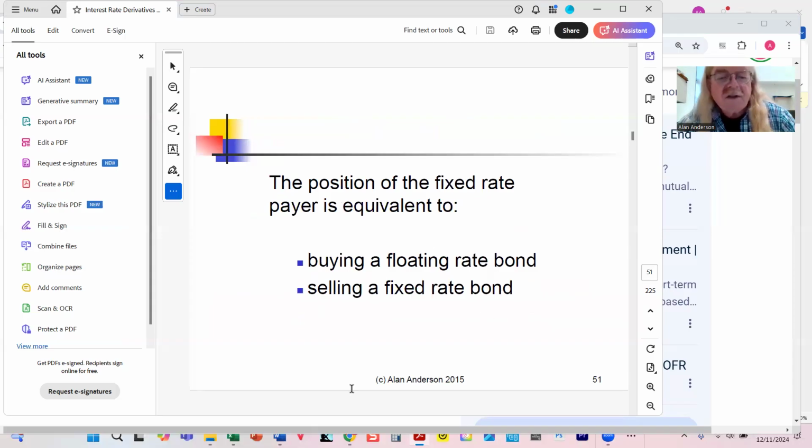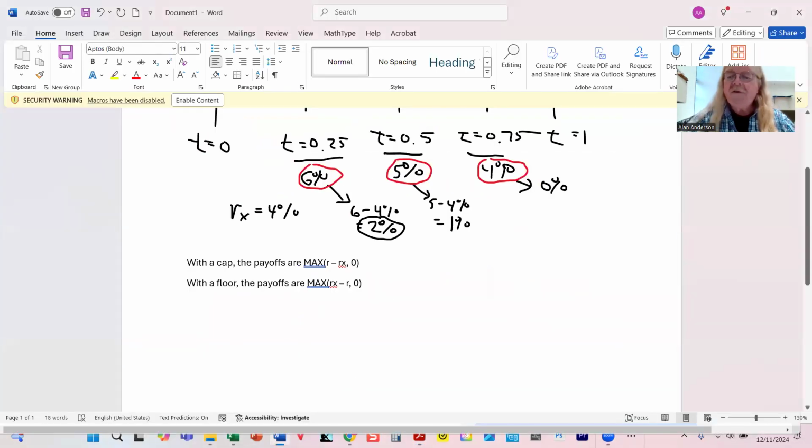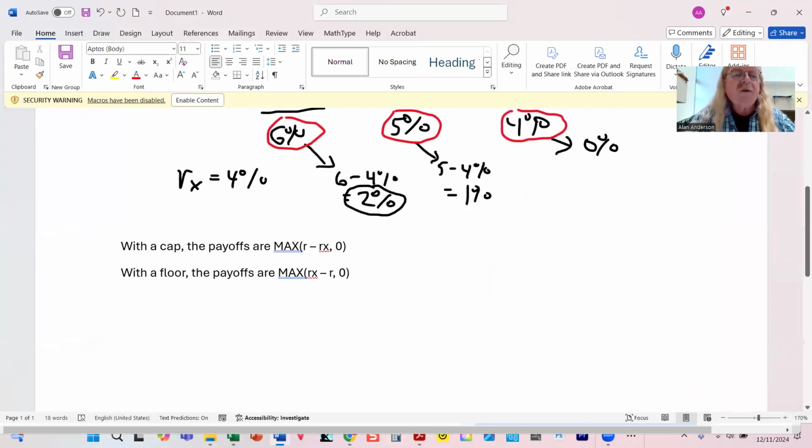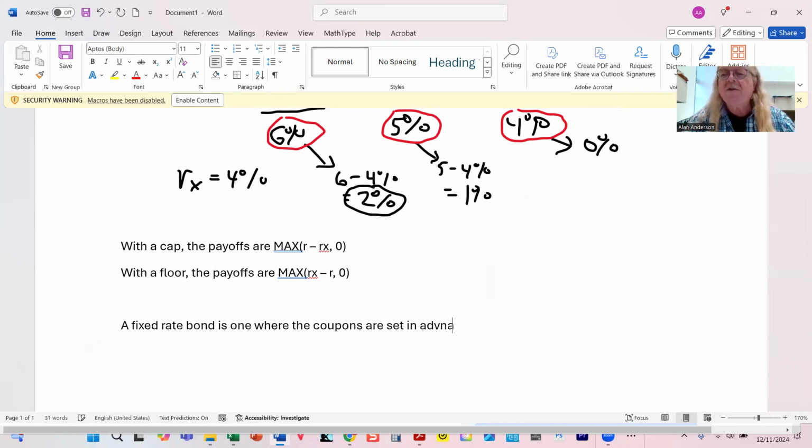Now, just as a side note, a floating rate bond, you don't see this very often. A fixed rate bond is the normal case, one where the coupons are set in advance. And that's true for the vast majority of bonds.